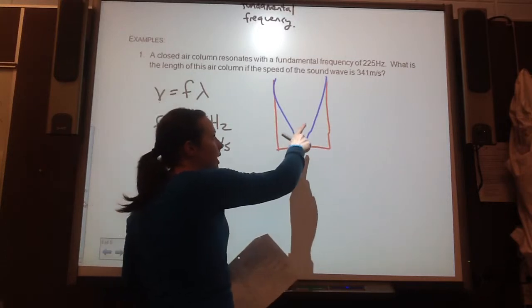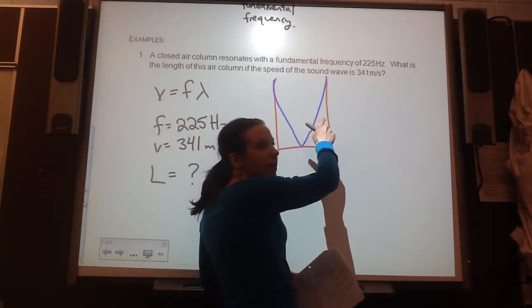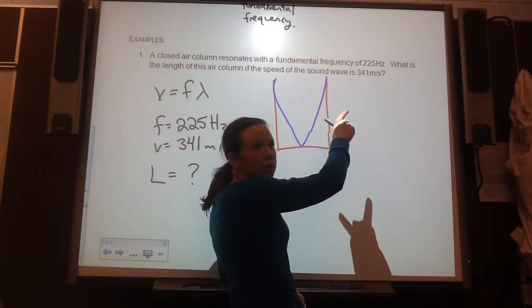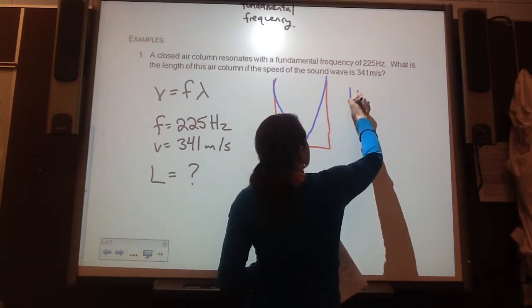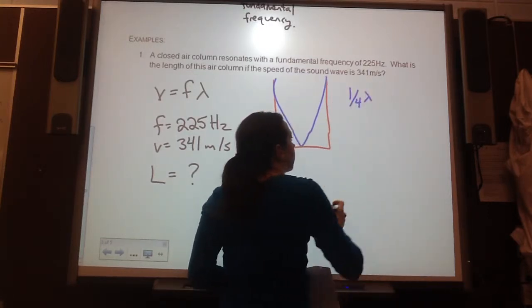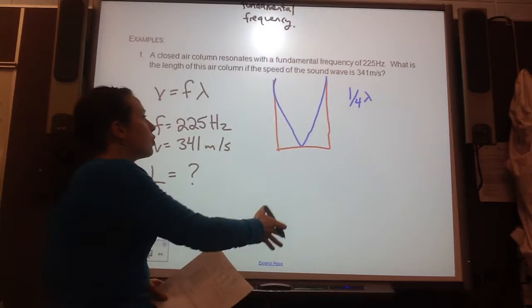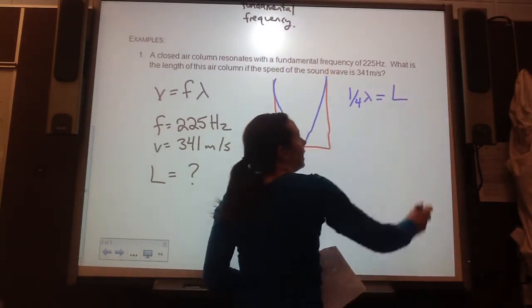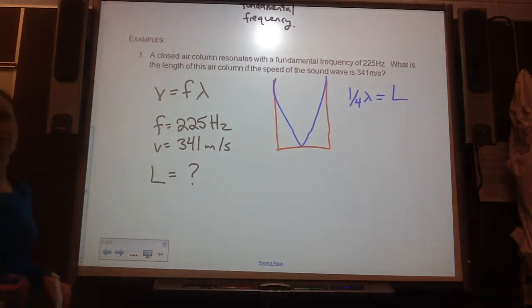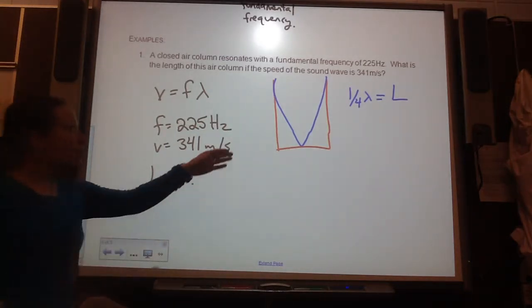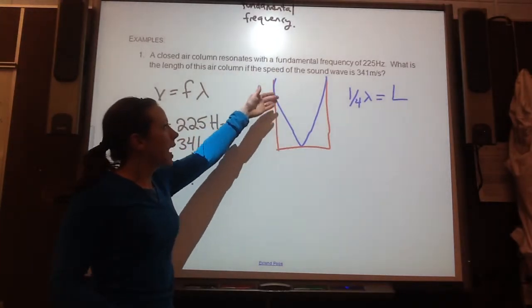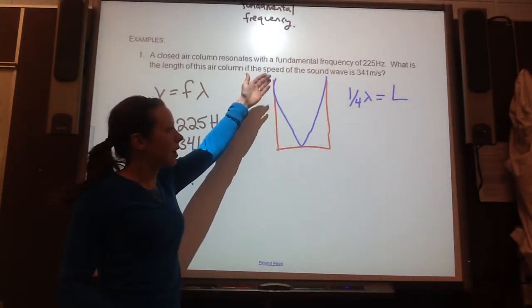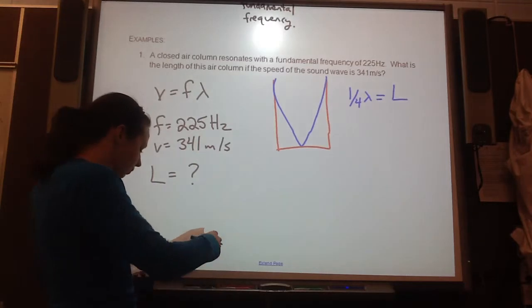So now, what did I tell you this was? How many wavelengths? A quarter. So this is a quarter of a wavelength. This quarter of a wavelength needs to be exactly the length of the actual tube, because if that's resonating there, that is 1/4 of a wavelength, and that's the length of my column.